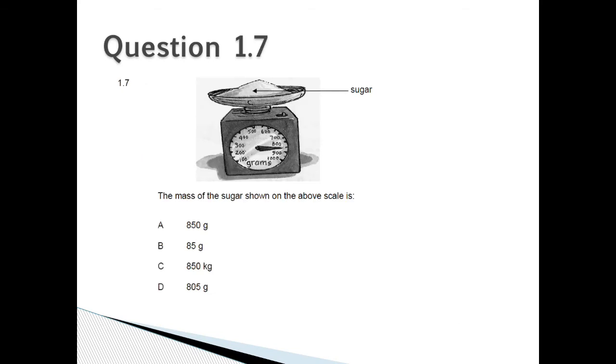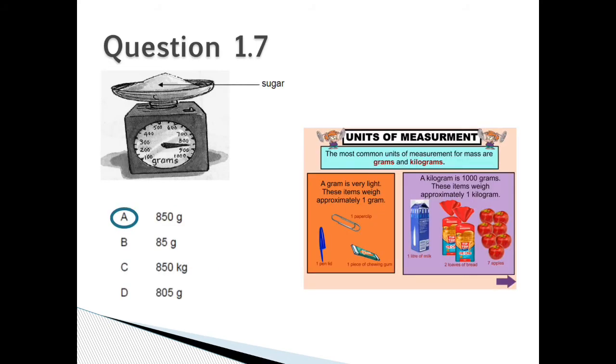The mass of sugar shown on the scale is what? A, 850 grams, B, 85 grams, C, 850 kilograms, or D, 805 grams. It is very important to know your units of measure. The most common ones that are used are grams and kilograms for mass. A gram is very light.